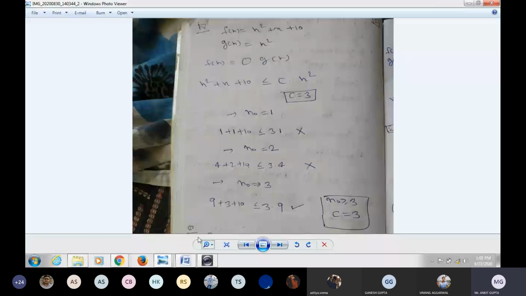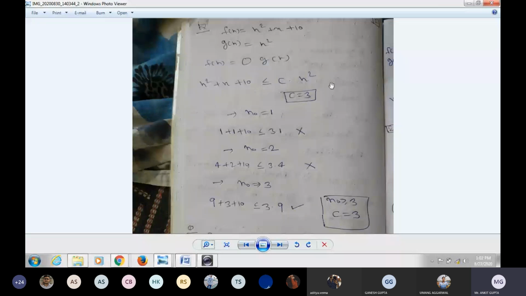So n square plus n plus 10 less than equal to C into n square, because I know that Fn less than equal to C into Gn.